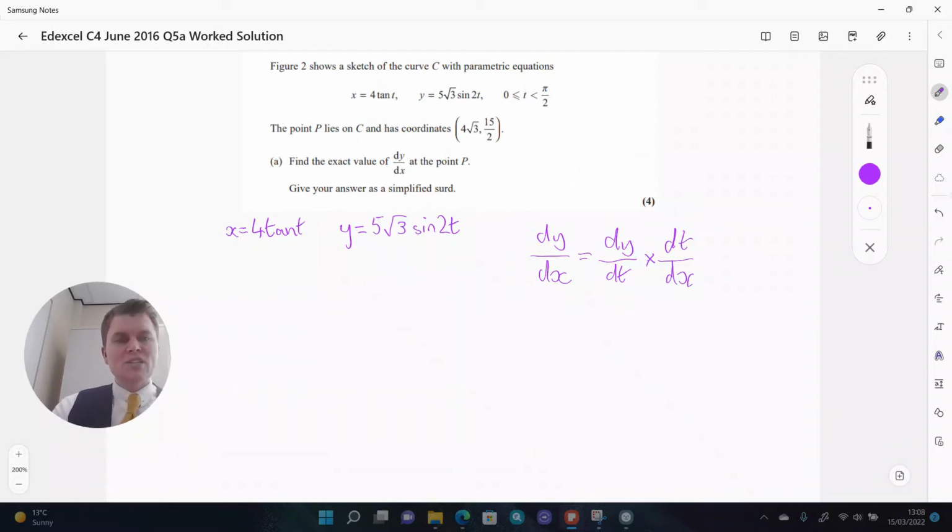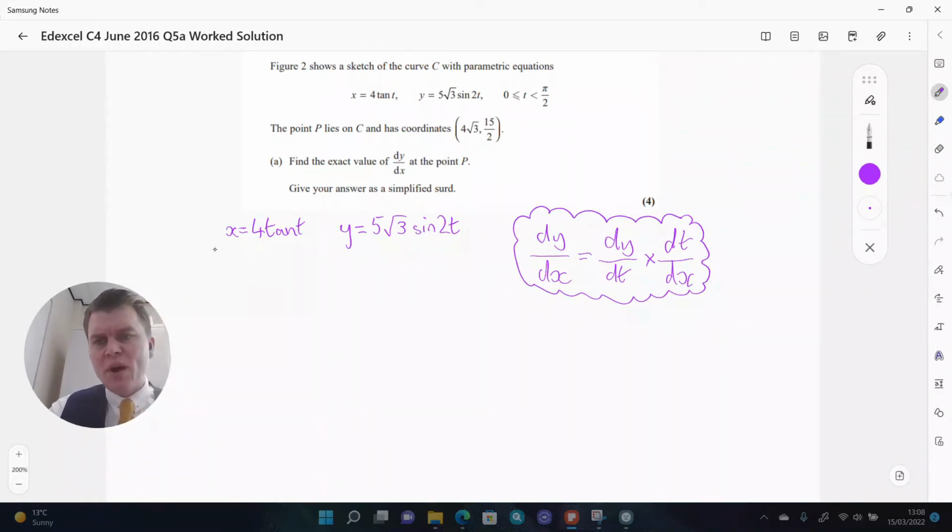So we keep that in mind whilst we're approaching this question, because we're going to start off by differentiating x with respect to t. Now, that's the easier one to go with. You need to be aware of what tan t differentiates to. That's something you just need to remember.